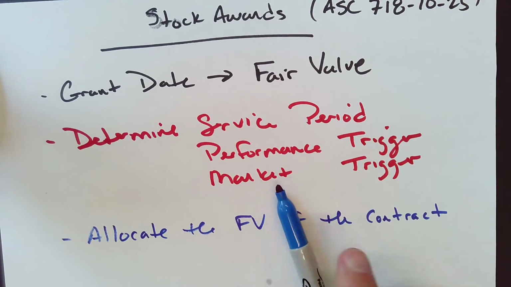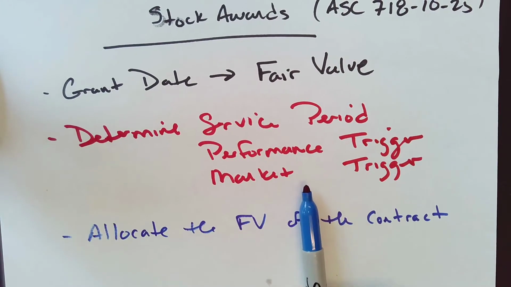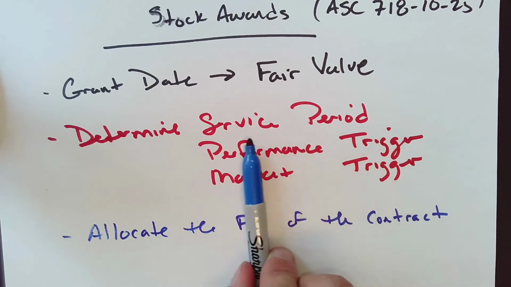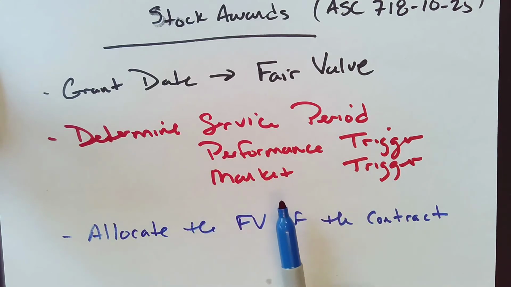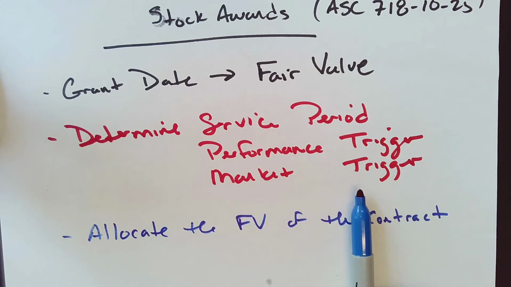And so with performance triggers and market triggers, we have to build in, well, what's the probability, right? If there's 0 probability, we may not get to actually recognize the fair value of any of this stuff. But as the probability increases, that also increases our compensation expense. So we have to allocate the fair value of the contract.